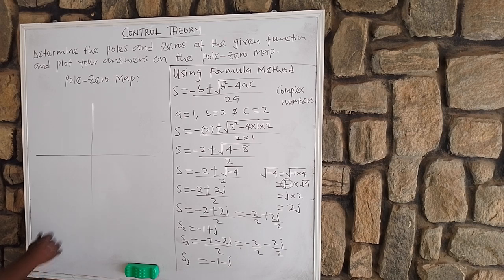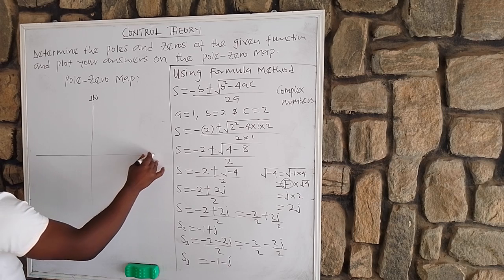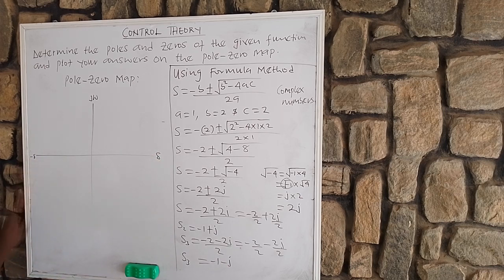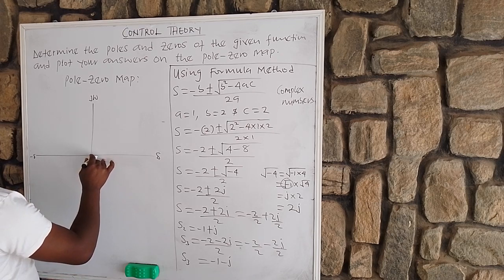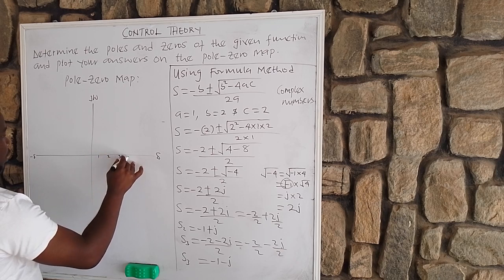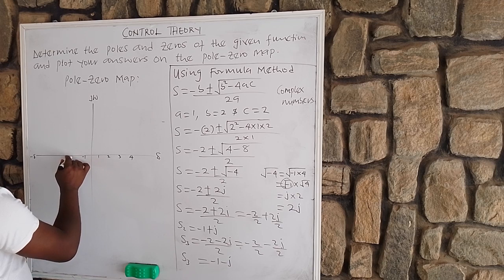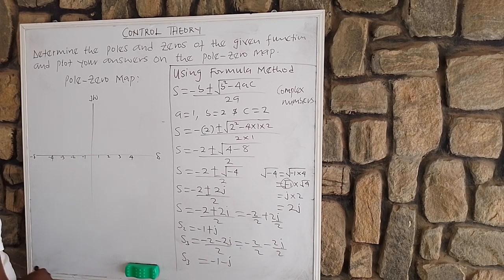Okay, so this is the jw axis. This is, as I told you, sigma and minus sigma. I think the highest is 4, right? So let's just roughly sketch it this way: 1, 2, 3, 4, and minus 1, minus 2, minus 3, and minus 4.